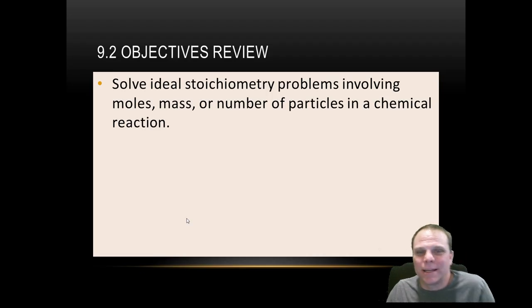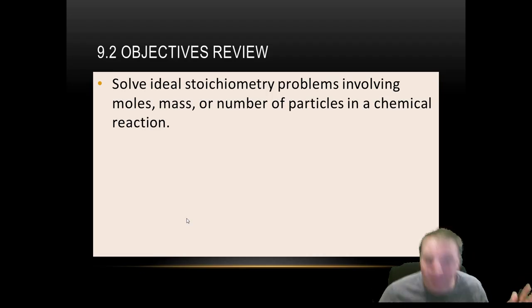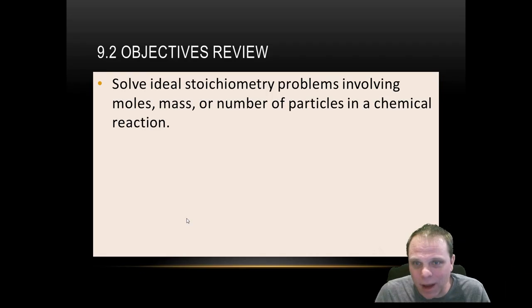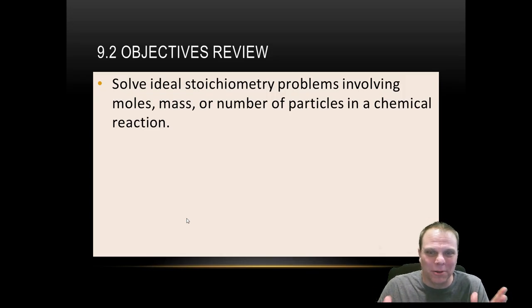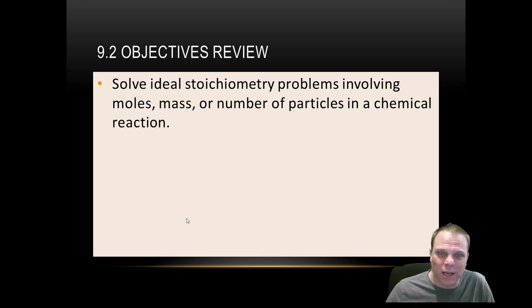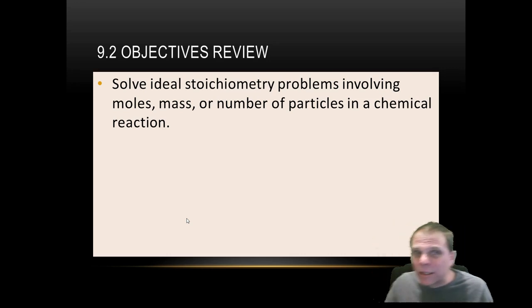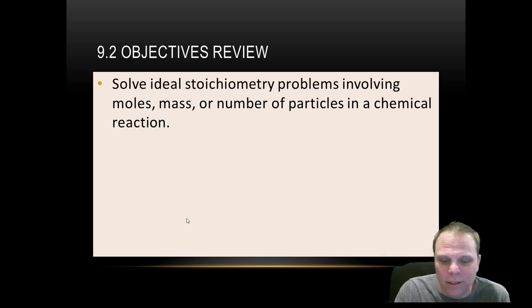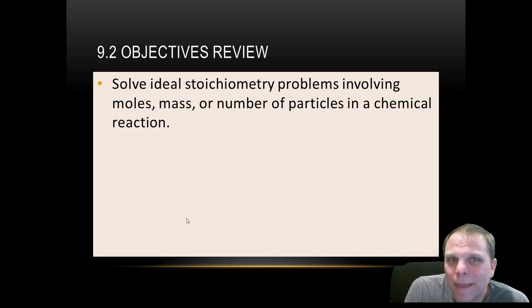Okay, so what have we learned today? Can we solve ideal stoichiometry problems involving moles, mass, or number of particles in a chemical reaction? Yes. The only thing I didn't go over with you was the number of particles, but remember that's just one additional step.